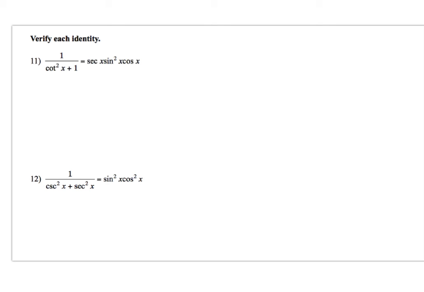I know that I've got a few different Pythagorean identities, one of which is going to be cotangent squared x plus 1 is equal to cosecant squared x. And that's exactly what I have on the bottom here. So I could rewrite this as 1 over cosecant squared of x.